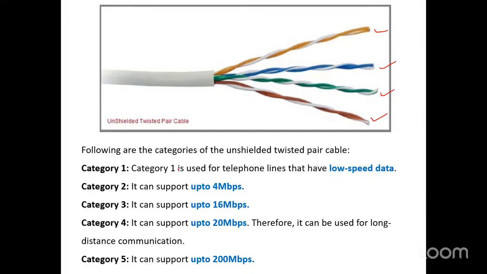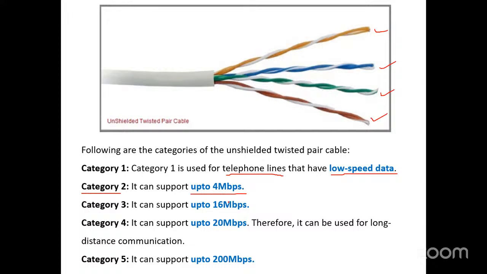So here, UTP category 1 is used for telephone lines. For landline phones, they use this type of cable, and it has low speed data. The data transfer speed is very low. Then category 2 UTP supports up to 4 Mbps speed.